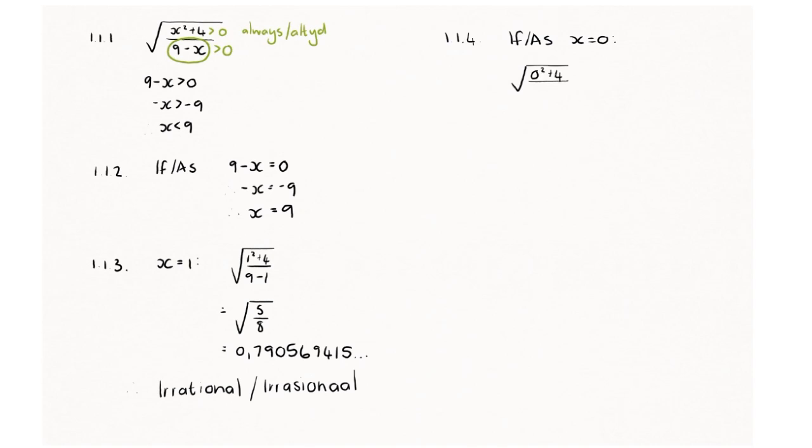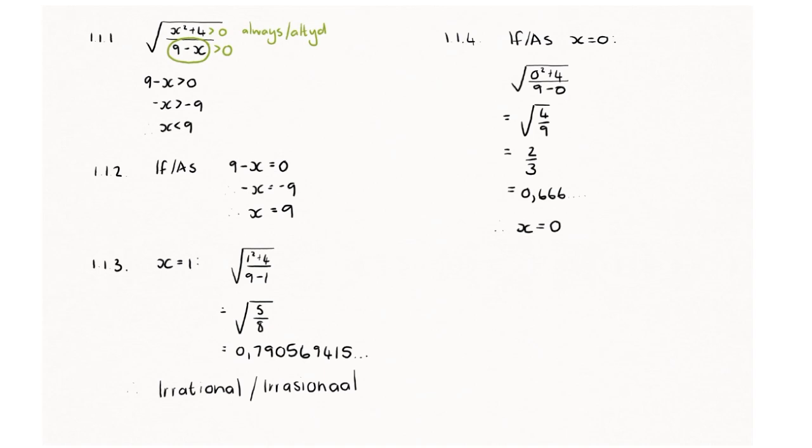If we put 0 into the expression, we have 0 squared plus 4 over 9 minus 0. This simplifies to the square root of 4 over 9, and this is equal to 2 over 3. In decimal form, it is 0.6 recurring. So this expression will yield a recurring decimal value if x is equal to 0.